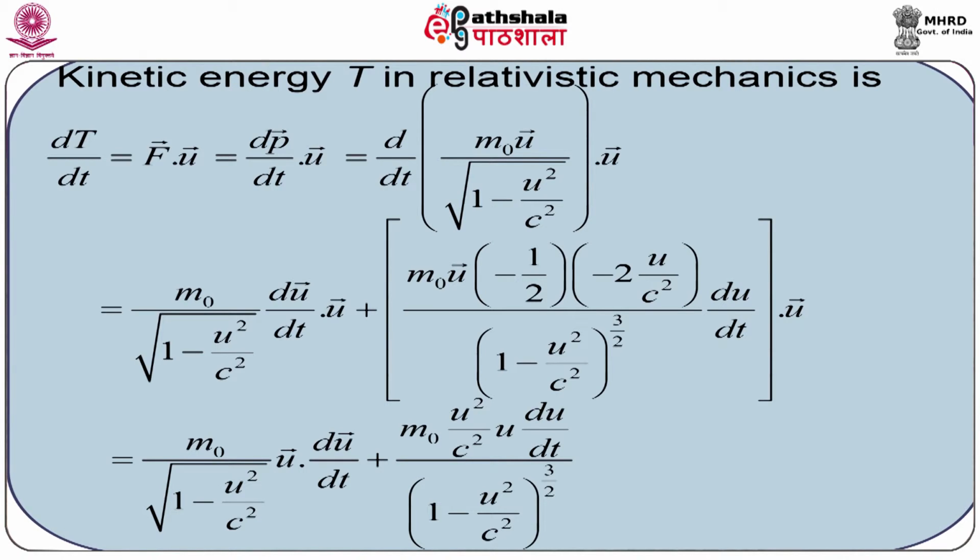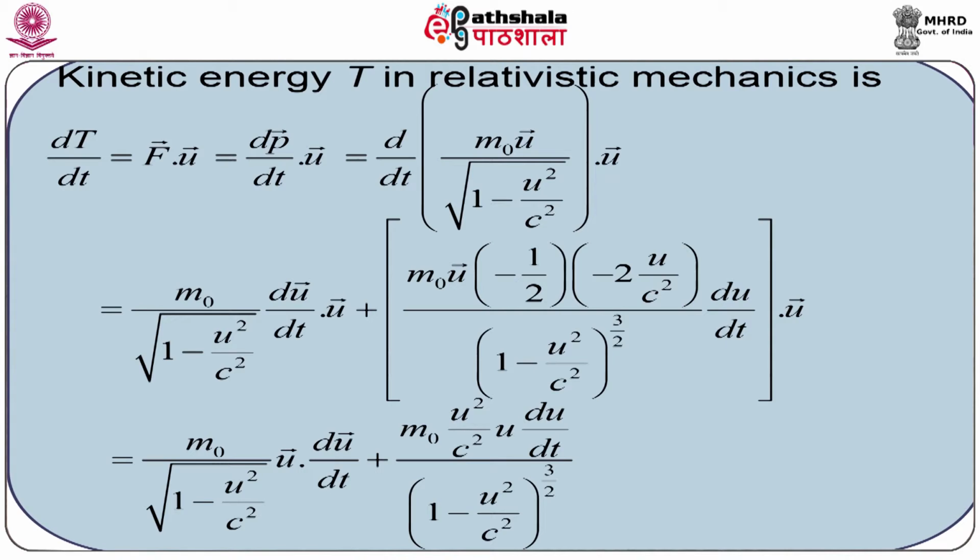In relativistic mechanics, kinetic energy T can be defined as follows: d/dt of T is equal to F vector dot u vector. Here dot means we are considering the dot product of two vectors or scalar product of two vectors. F is the force vector, u vector is the velocity vector.